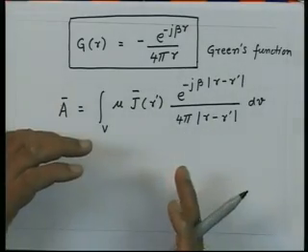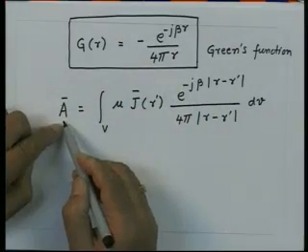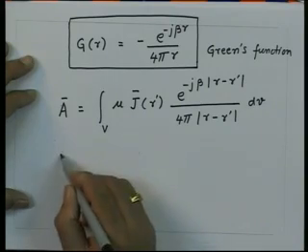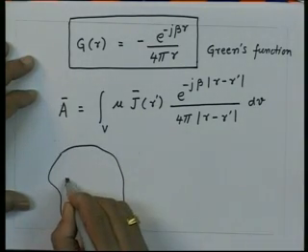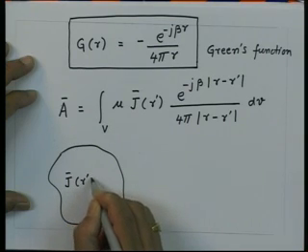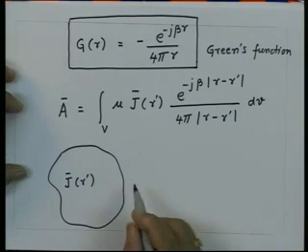Now we have a region where the sources are located, and r is the location where we are trying to find the vector potential. So, we have the source space here, where the j are, which are functions of r prime.